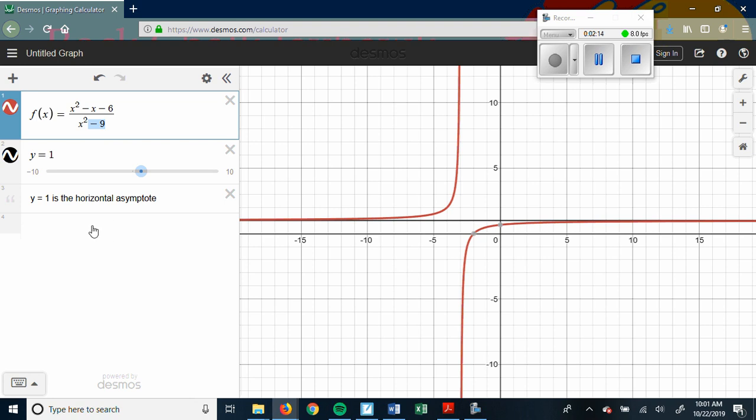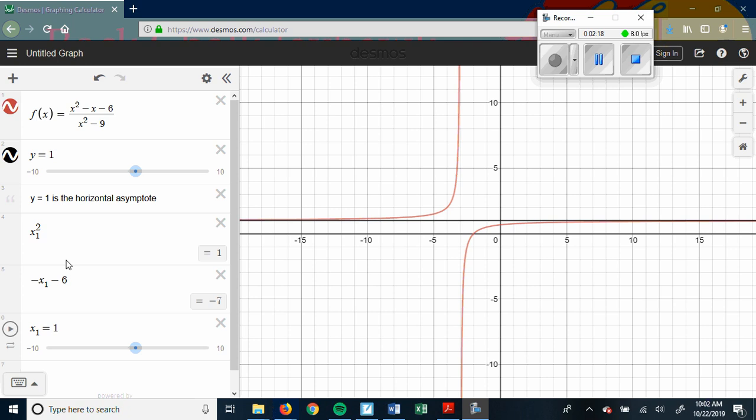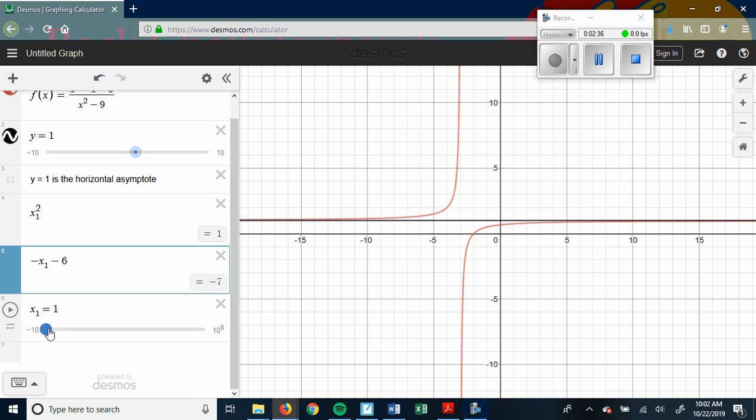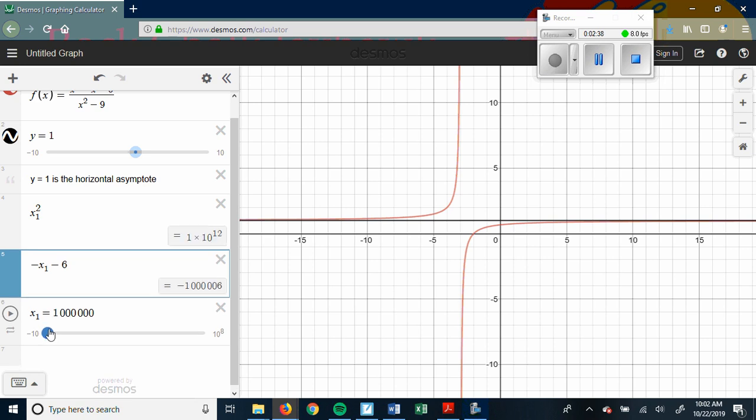Let's look at an example. I've put x squared here, and I've put the rest of this here. When x is small, when x is 1, notice that this is small compared to this. But watch what happens as x gets big. I'm going to slide the x. Oh boy, it got really big there.